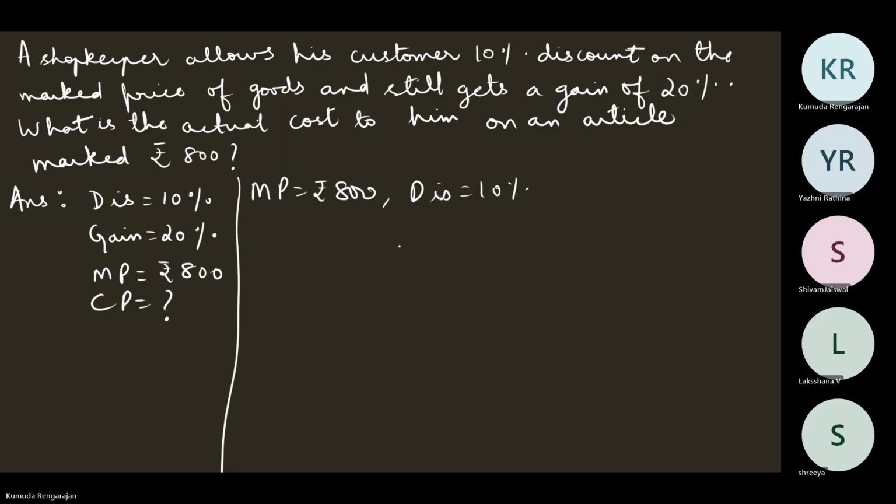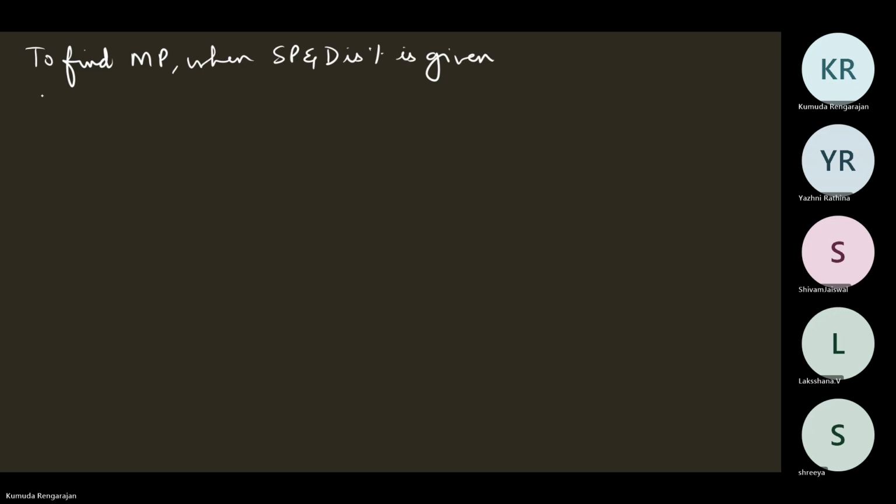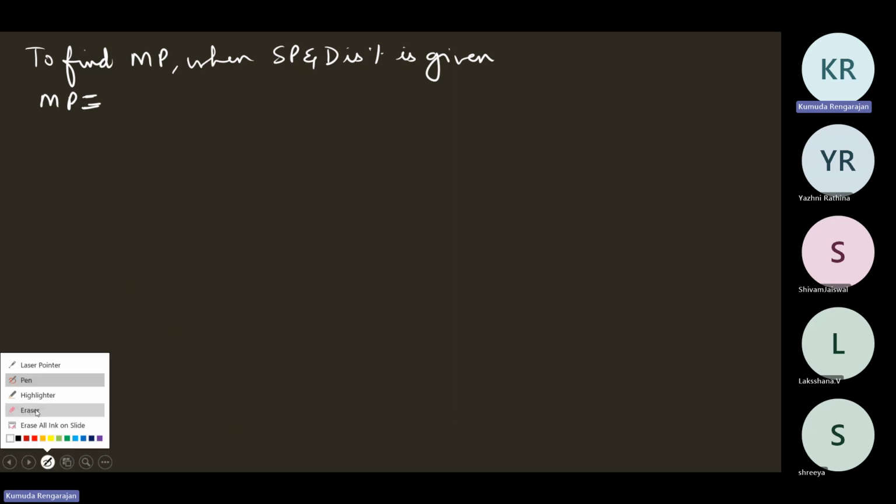Now, I haven't given you these formulae. Please write down these formulae, children. To find mark price when selling price and discount percent is given. So mark price is equal to, whenever you have mark price, put 100 in the numerator, like when we had to find the CP.